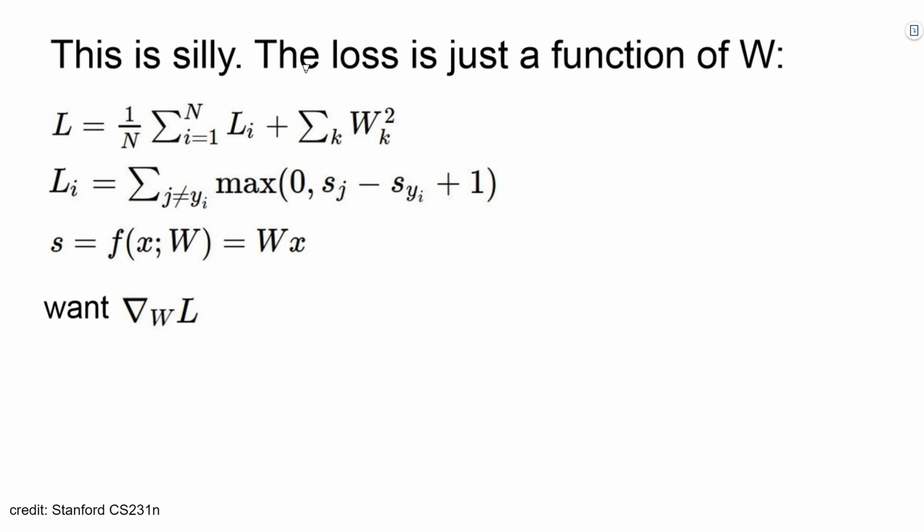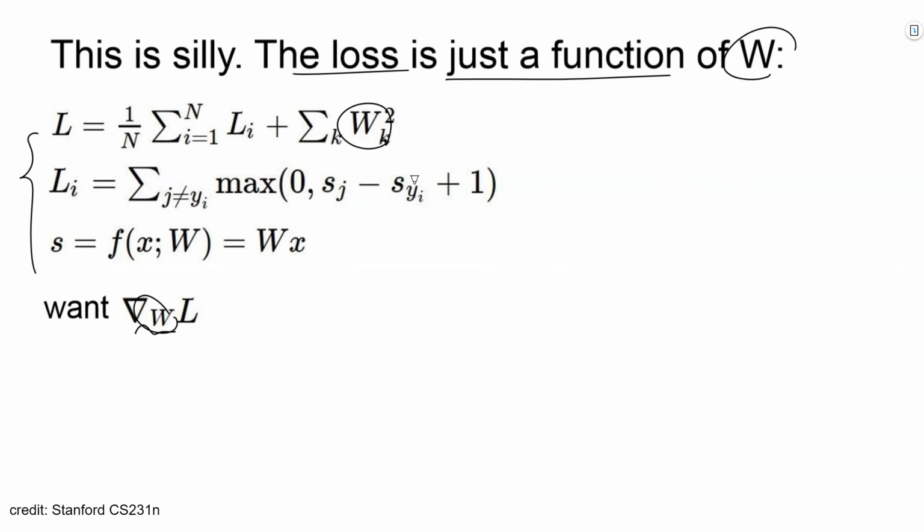And we know that the loss function, or the loss value, is just a function of W. We saw these equations and we want to calculate the gradient with respect to W. The loss is calculated using these W values.